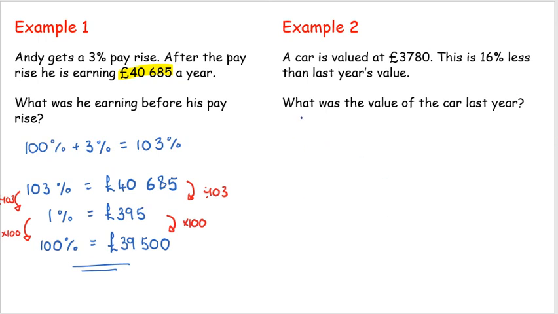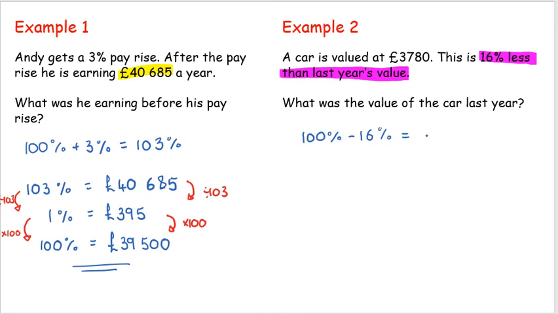Okay, so let's have a wee look. We started off the previous year with our original amount. So remember, original amount will always be our 100%. But then what happened? So we then fell by 16%. So what we need to do is take our original amount and remove 16% and see what percentage we're left with.